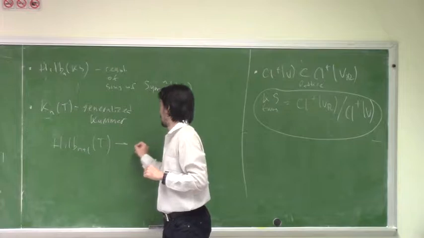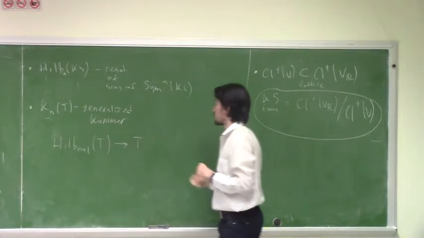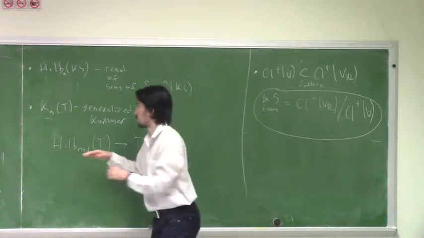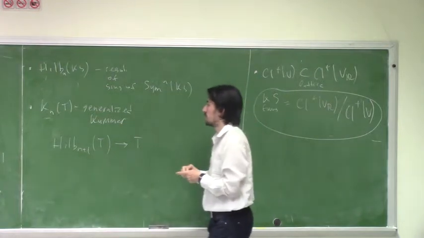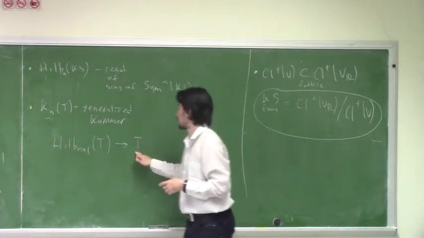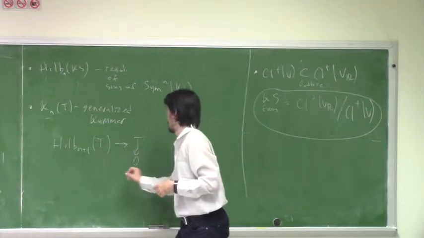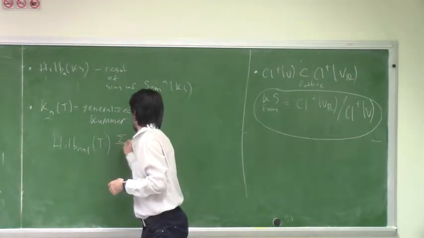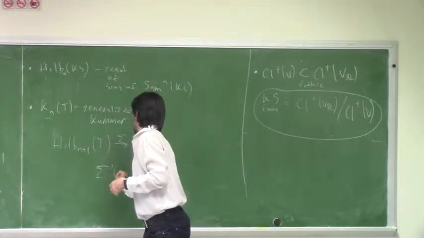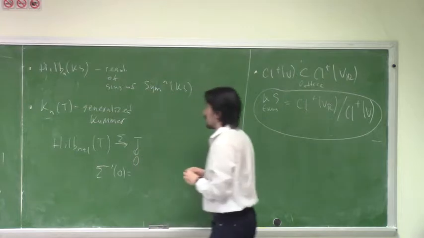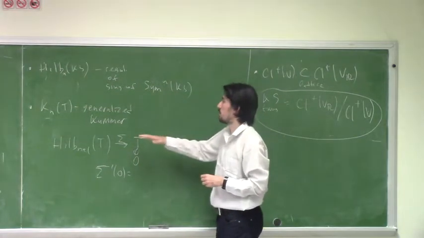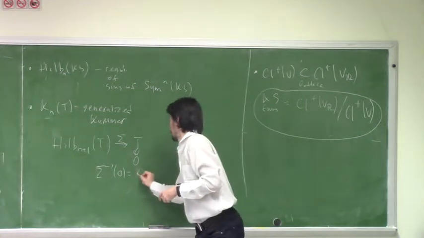And we have a map, the Albanese map, to the torus. So just a summation of coordinates on the product of tori induces a map from the Hilbert scheme to the torus. And here is 0. This map is sigma, and the preimage of 0 is a simple hyperkähler manifold, which is called generalized Kummer.